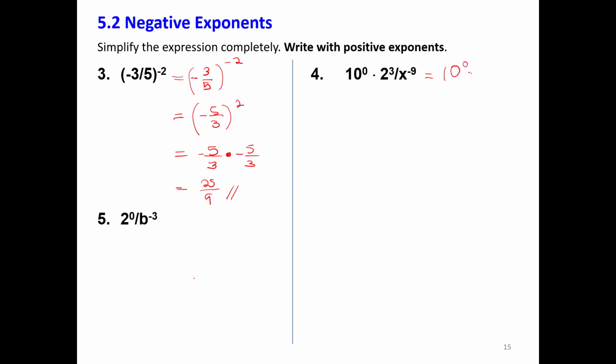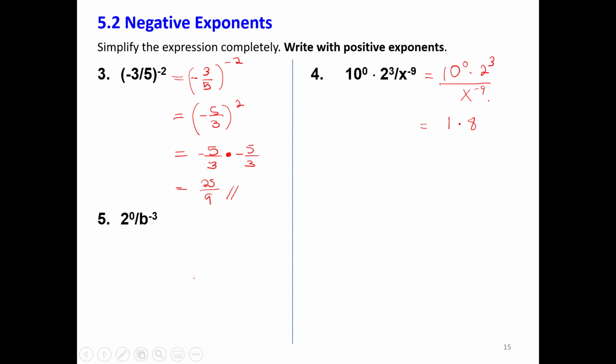2 to the 0 times 2 to the third times x to the negative 9. 2 to the 0 power: any number to the 0 power equals 1. 2 to the third power is 8. 2 times 2 is 4, 4 times 2 is 8.